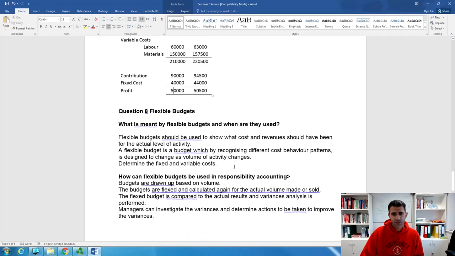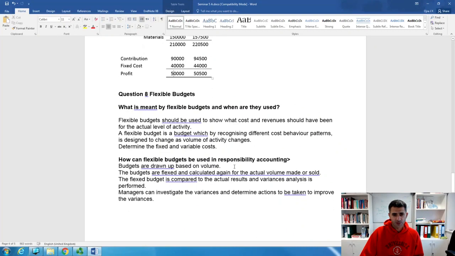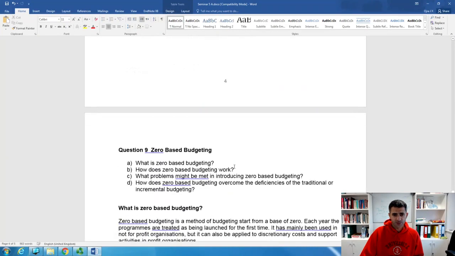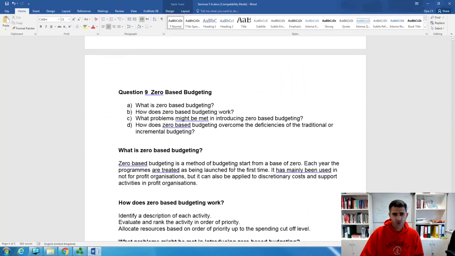Flexible budget, we did cover it. How flexible budget is used in responsibility accounting. Zero-based budgeting we also covered. We say that zero-based budgeting is different from incremental budgeting. With zero-based budgeting, you need to justify the cost every single year, and you start from scratch every single year.